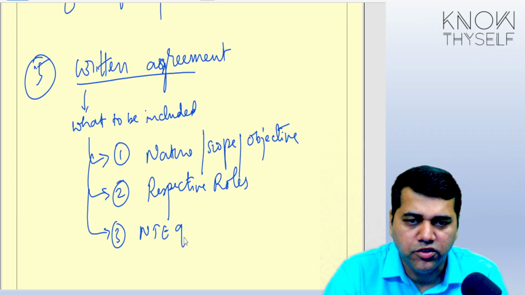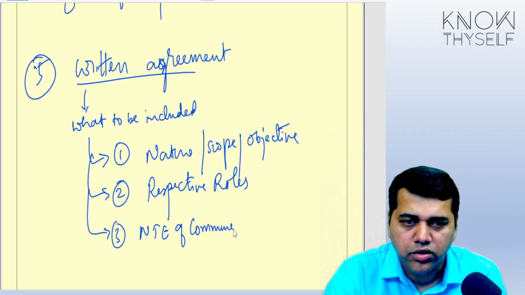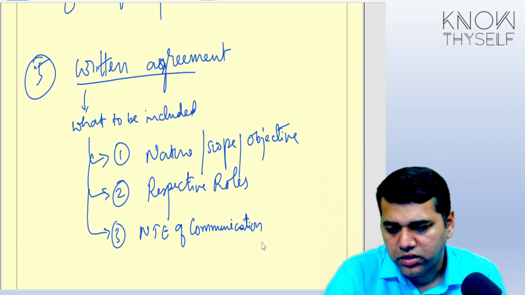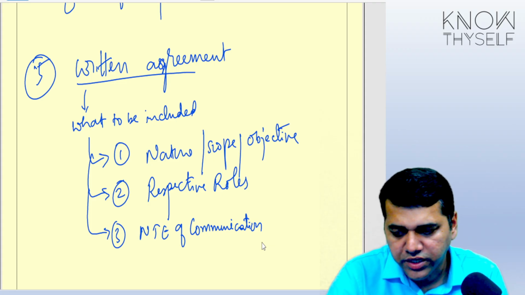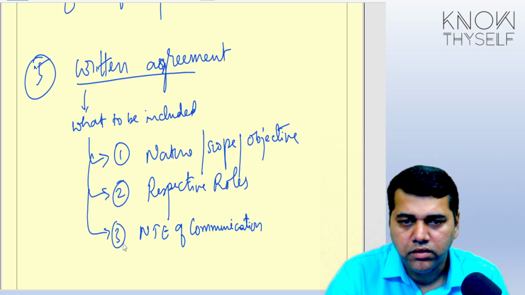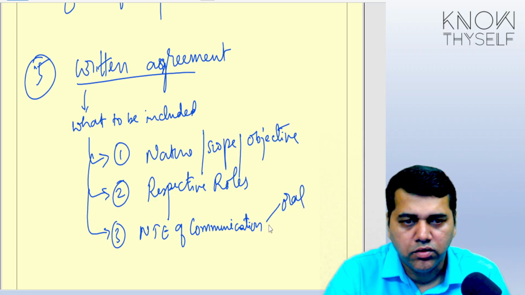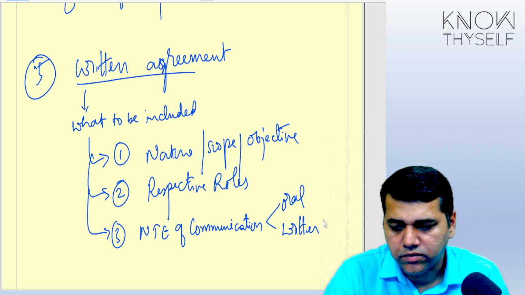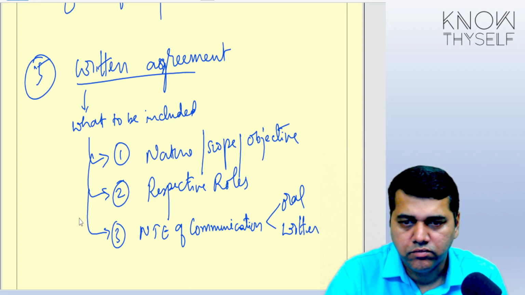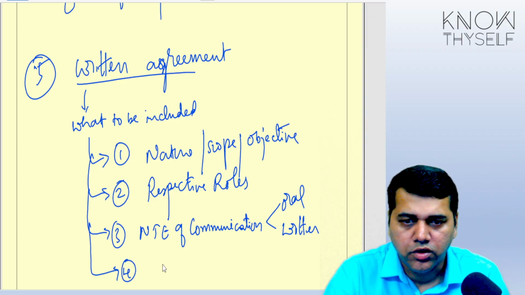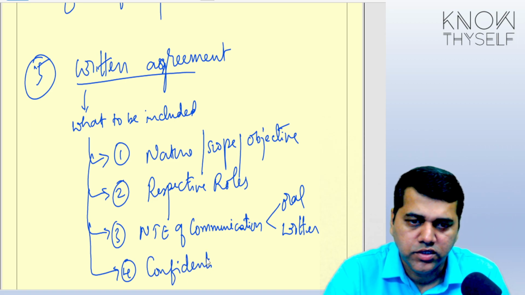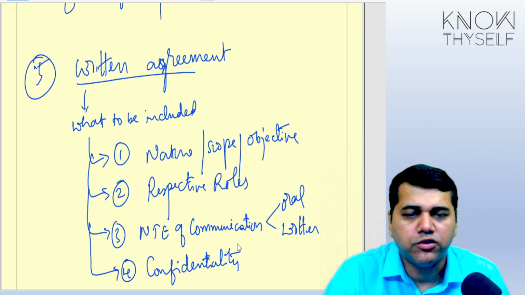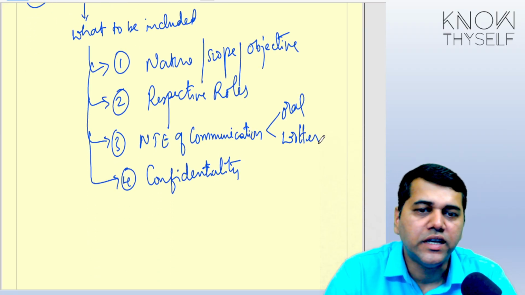Nature, timing, extent of communication, like whether oral or written communication, and with whom to communicate. Observe confidentiality. So they need to have confidentiality.